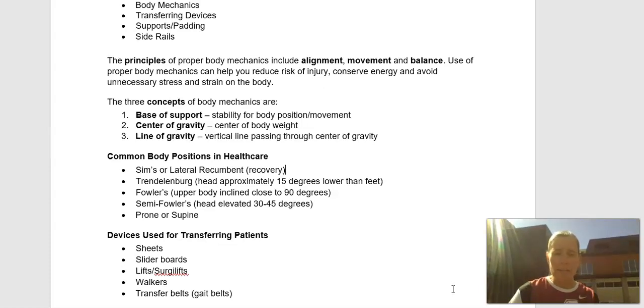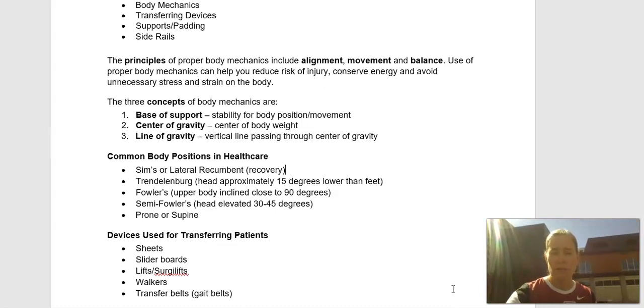The line of gravity is the vertical line that passes through the center of gravity. In your textbook there are illustrations of the base of support, the center of gravity, and the line of gravity. So have a look at that.